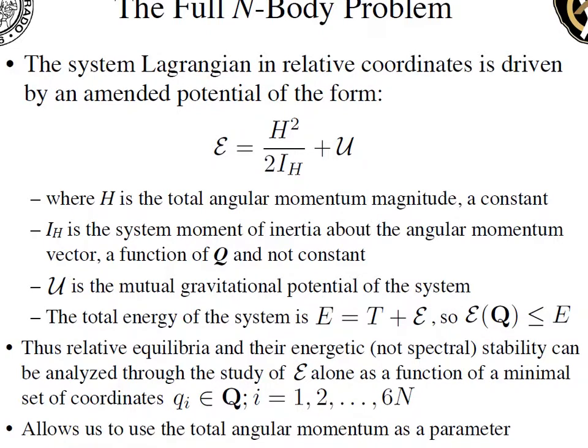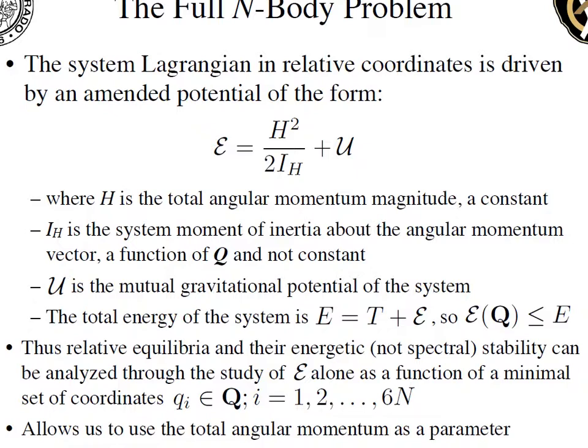For this problem, the system Lagrangian can be transformed into relative coordinates, and ultimately it's driven by an amended potential of the form given here, where h is the magnitude of the total angular momentum of the system, which of course is a constant. I_h is the system moment of inertia about that angular momentum vector, and that is not a constant, of course, as the body evolves.